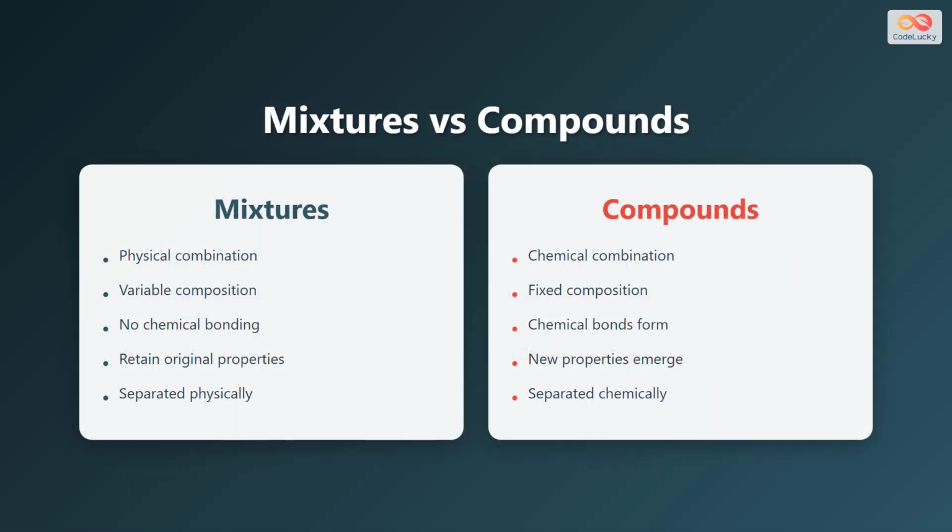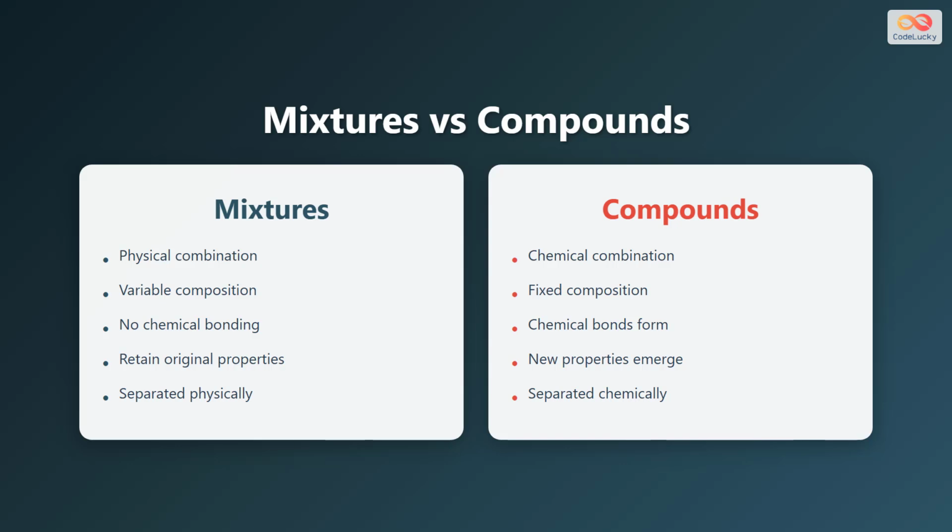It's crucial to understand the difference between mixtures and compounds. Mixtures are formed by physical combination, while compounds result from chemical combination. Mixtures have variable composition, meaning you can have different amounts of each component, but compounds have fixed composition with specific ratios of elements. In mixtures, no chemical bonding occurs between the components, but compounds have chemical bonds forming between atoms.